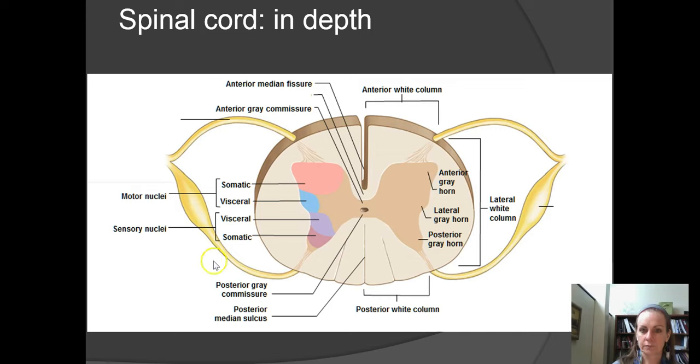Okay. So the anterior white column is everything in this region. The lateral white column is going to be all the white matter in this region. And then the posterior white column is going to be all the white matter in this region. Just like with the gray horns, you have the same structures on the other half of the spinal cord.